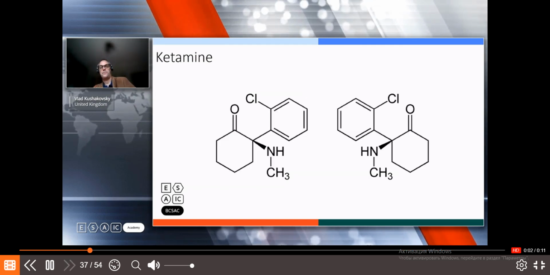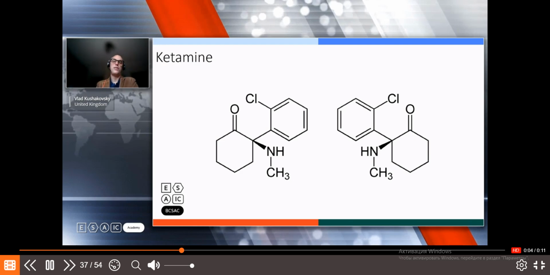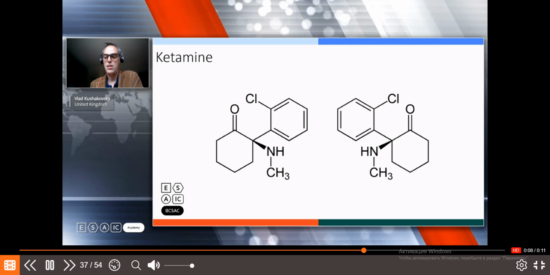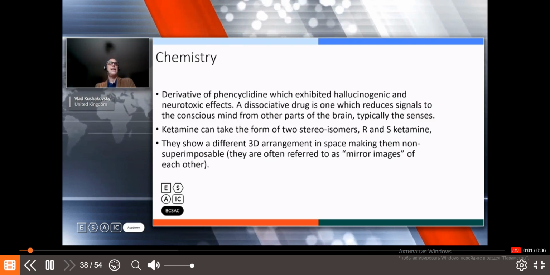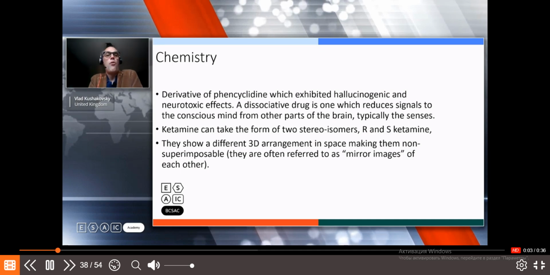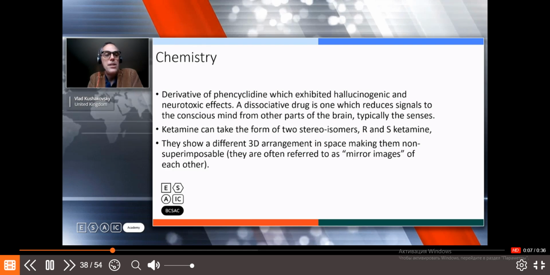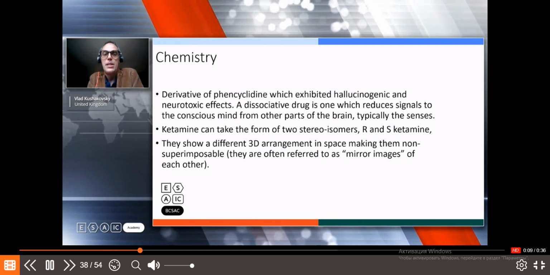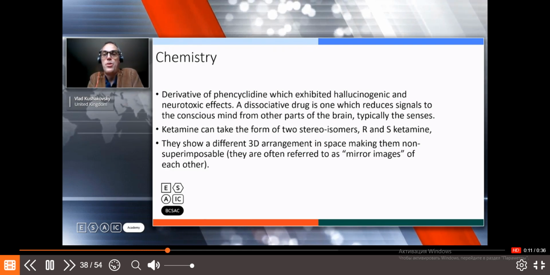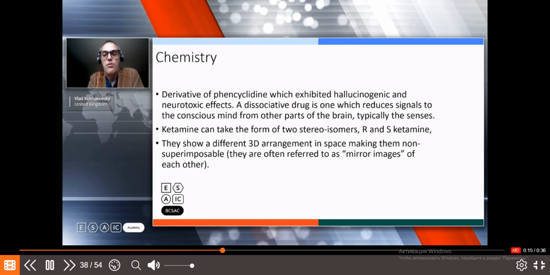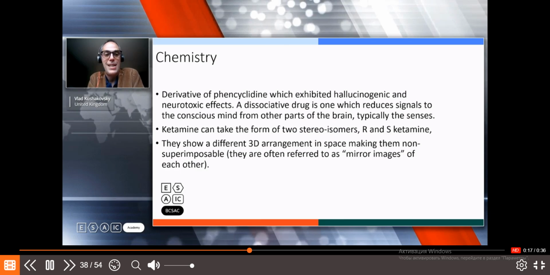Ketamine. Not just one, but two pretty pictures, and the reason is that ketamine is usually presented as a racemic mixture. It's a derivative of phencyclidine, which exhibits hallucinogenic and neurotoxic effects. A dissociative drug is one which reduces signals to the conscious mind from other parts of the brain, typically the senses.